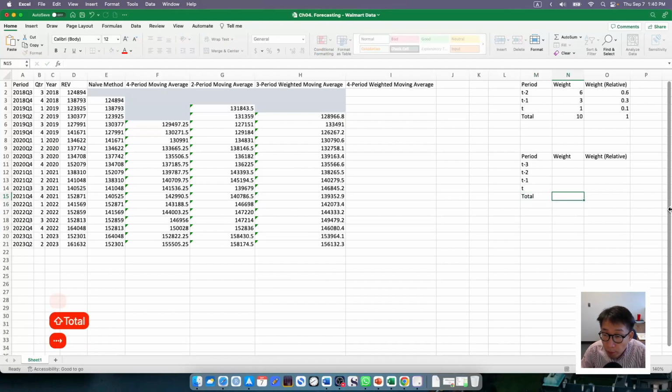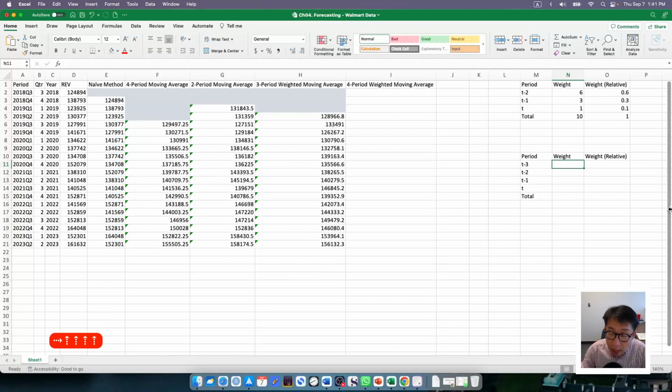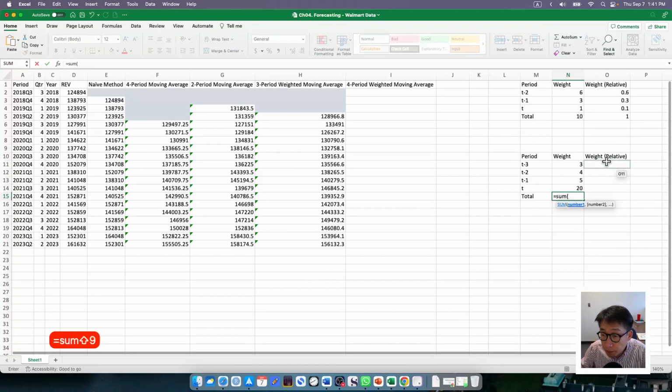I have a total. So this time, for some reason, I'm going to say I want to consider the latest period more than the earliest period. So to do that, I'm arbitrarily assigning these weights, and this is going to be the total.